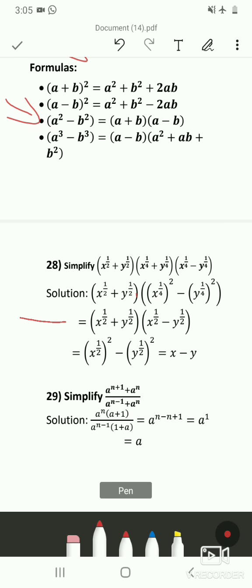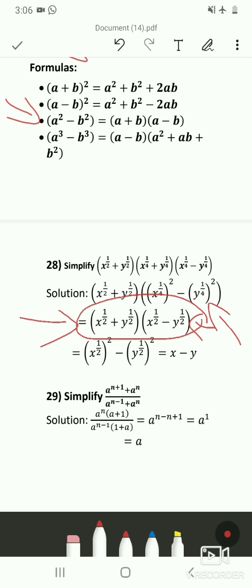The first term is as it is, and this is simplified and written as x raised to 1 by 2 minus y raised to 1 by 2. Again you can observe this step is nothing but this formula, again in the form of (a plus b) into (a minus b). So you can write it as a square minus b square. Here a is x raised to 1 upon 2 and b is y raised to 1 upon 2.